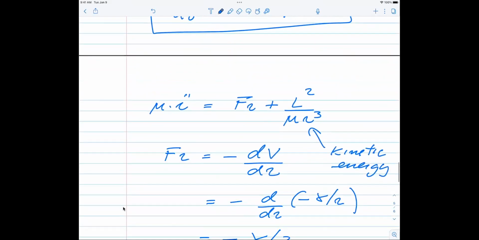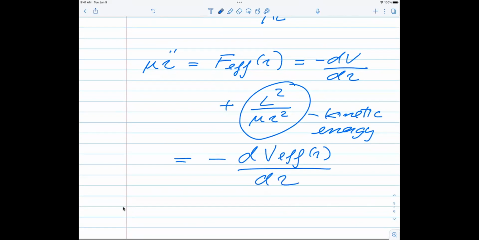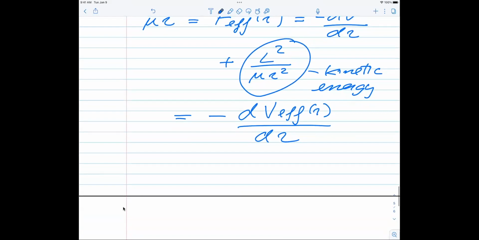So we end up with something which comes from the kinetic energy, and we can now define everything which we have here as the derivative of an effective potential, V effective of R, with respect to R. This means that the effective potential has, in our case, to be equal to the original potential, the standard gravitational potential.